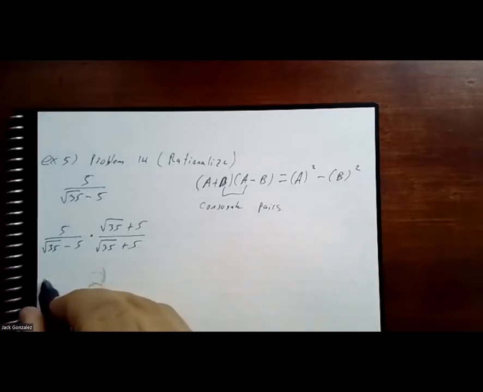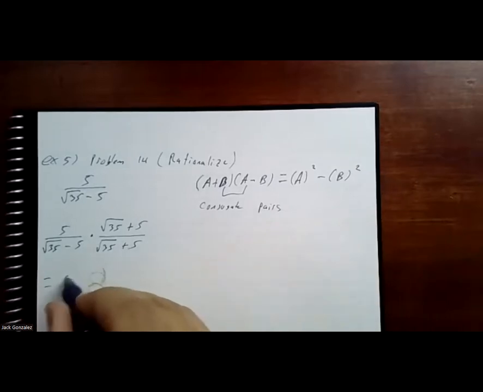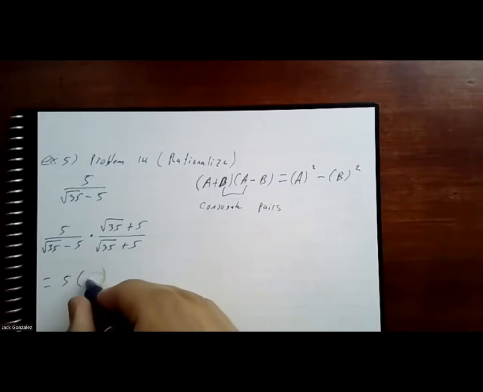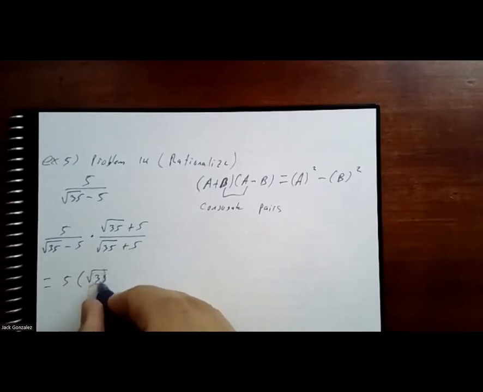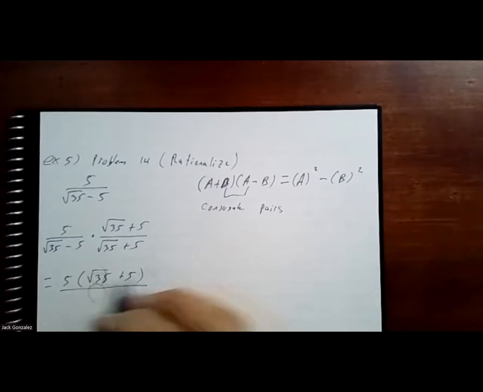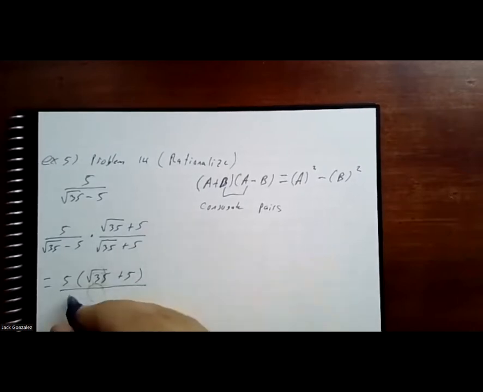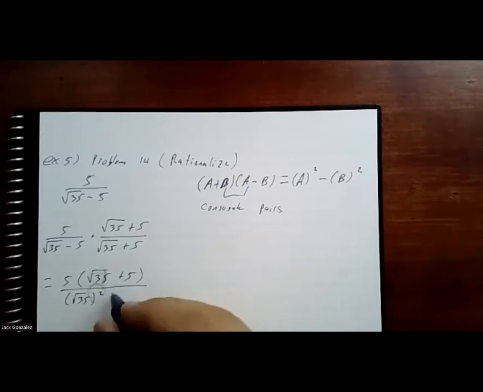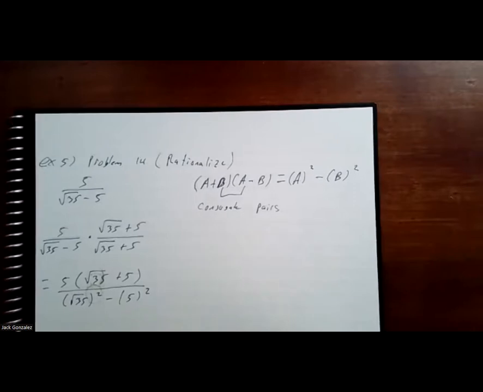So on the top, well, it's just going to be 5 times that garbage. Over. If we use the formula, it'll be the first term squared minus the second term squared.